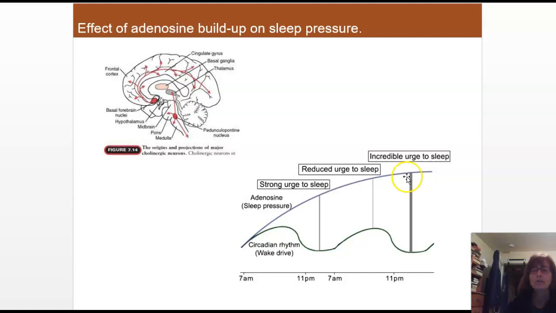They aren't the only way, but they're certainly sleep-promoting effects. And here you can see this basal forebrain nuclei. That's what I wanted to focus on here. It's a lot of this area that adenosine has some pretty strong effects on.